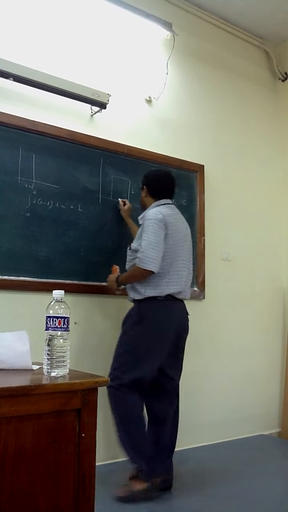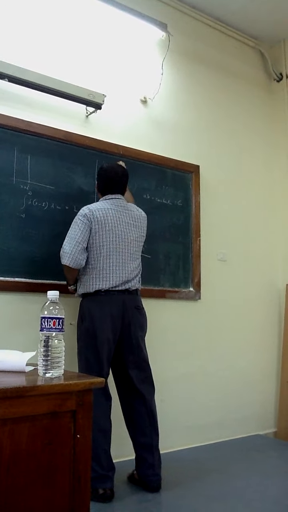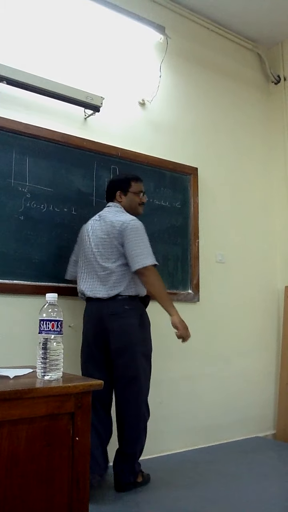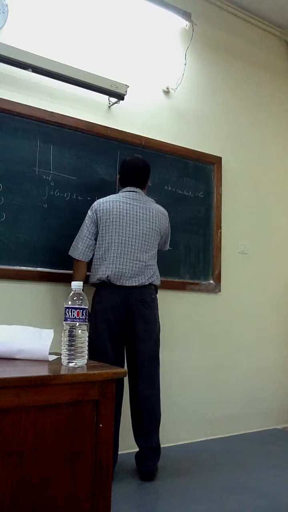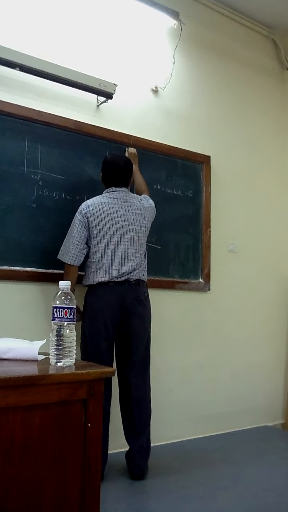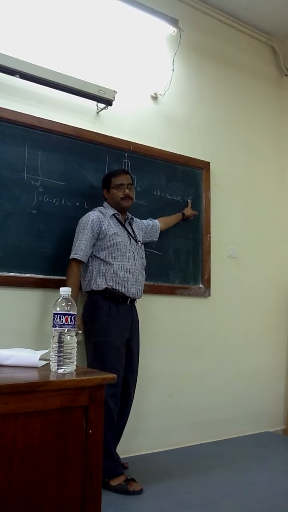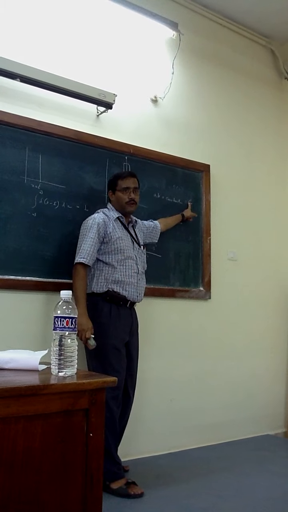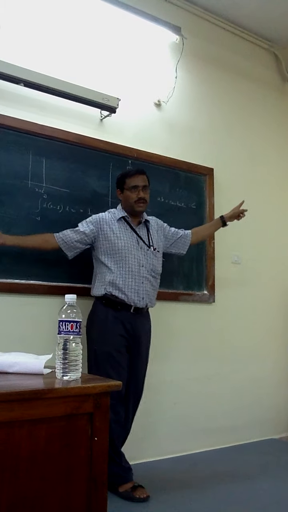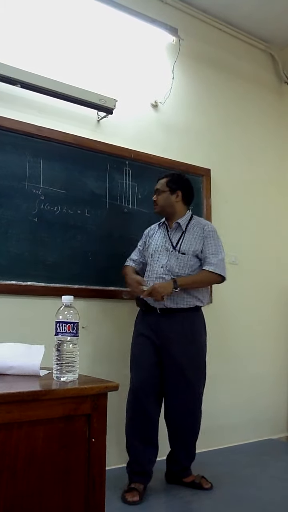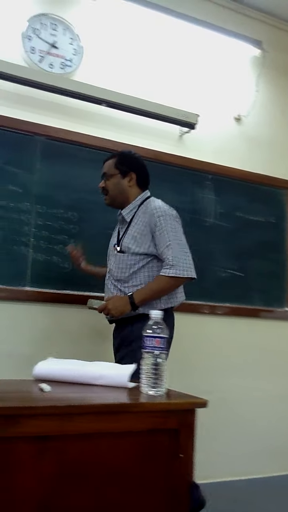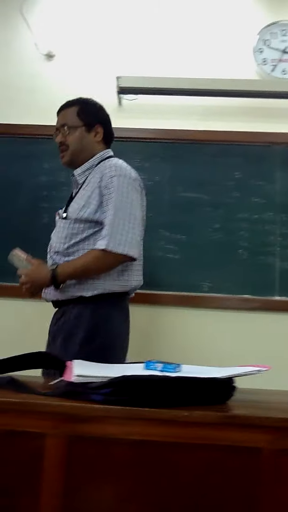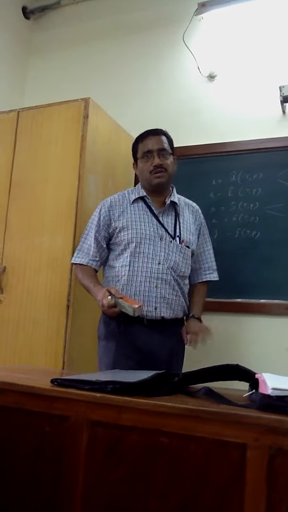That means if I reduce A, B has to be big to make this C fixed. If I put A tending to 0, B has to be tending to infinity to fix this C. And C is what? A finite quantity. That's what P tending to 0, V tending to infinity, and that's what the delta function is. So that's the concept. In ideal gas, if P tends to 0, mathematically, V has to tend to infinity.